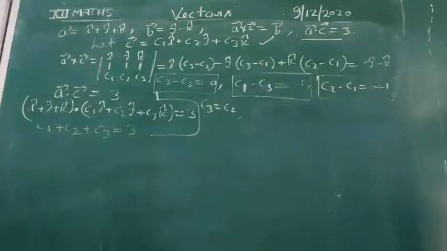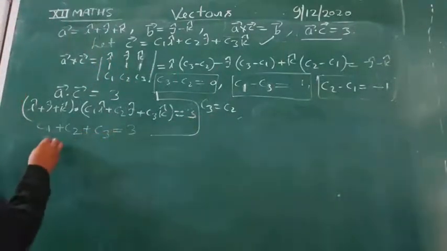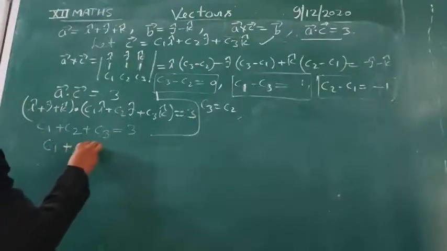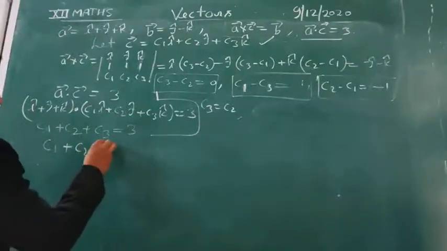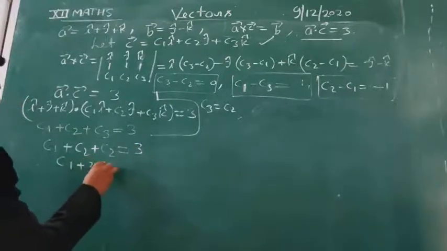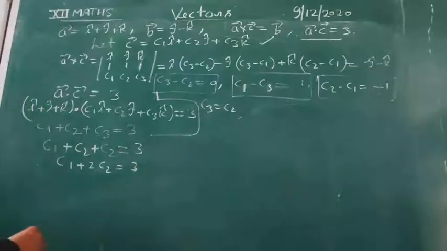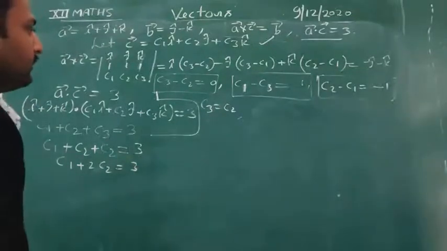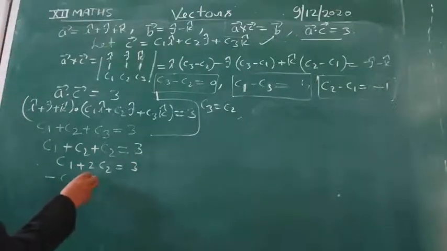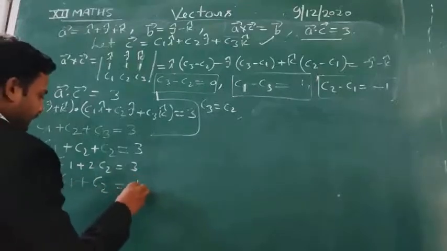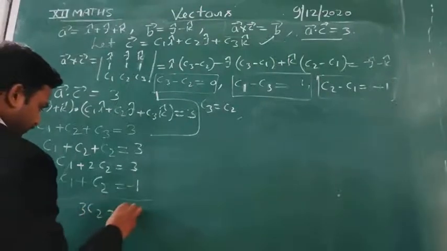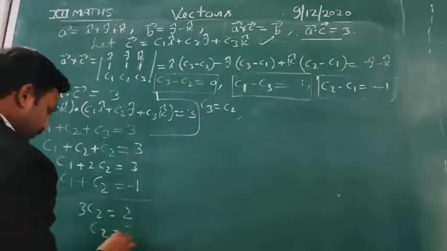Now C3 is equal to C2, so put it here: C1 plus C2 plus C2 is 3, so C1 plus 2C2 is 3. Now C2 minus C1, so we can write minus C1 plus C2 is minus 1. Now add these, we get 3C2 is 2, so C2 is 2 by 3.